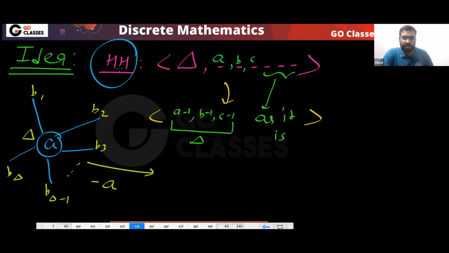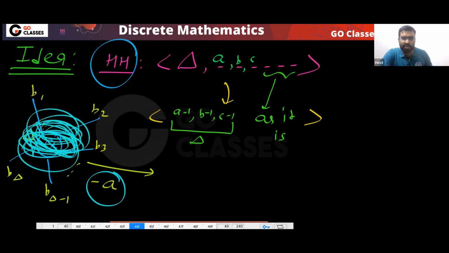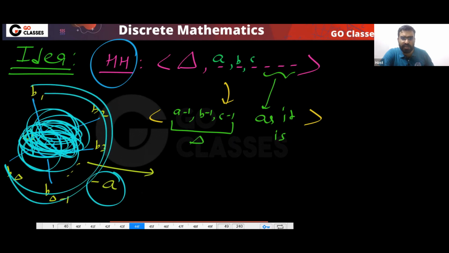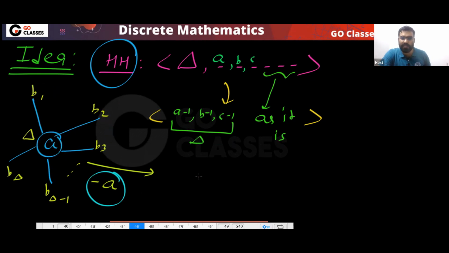So if I delete this vertex A, then for these delta vertices the degree will decrease by 1, 1, 1, 1. For how many vertices?